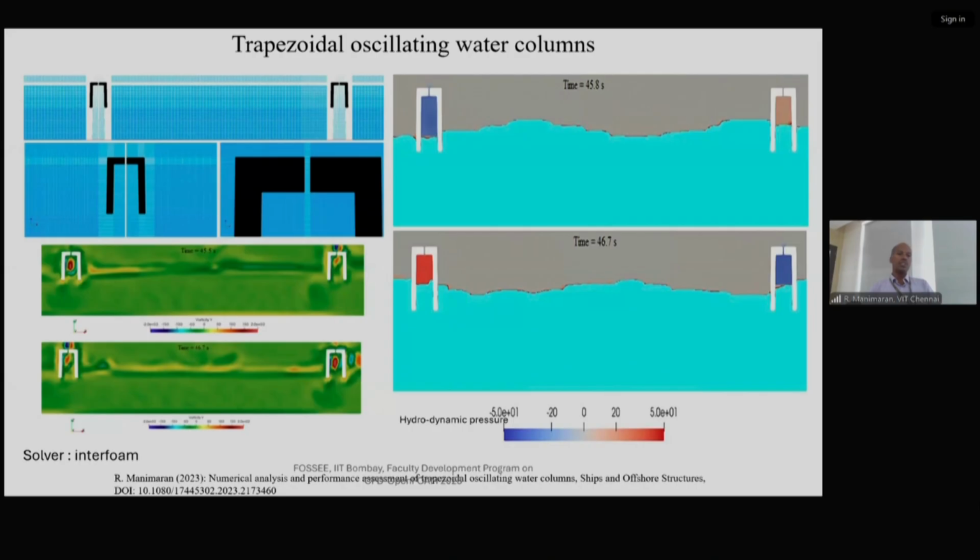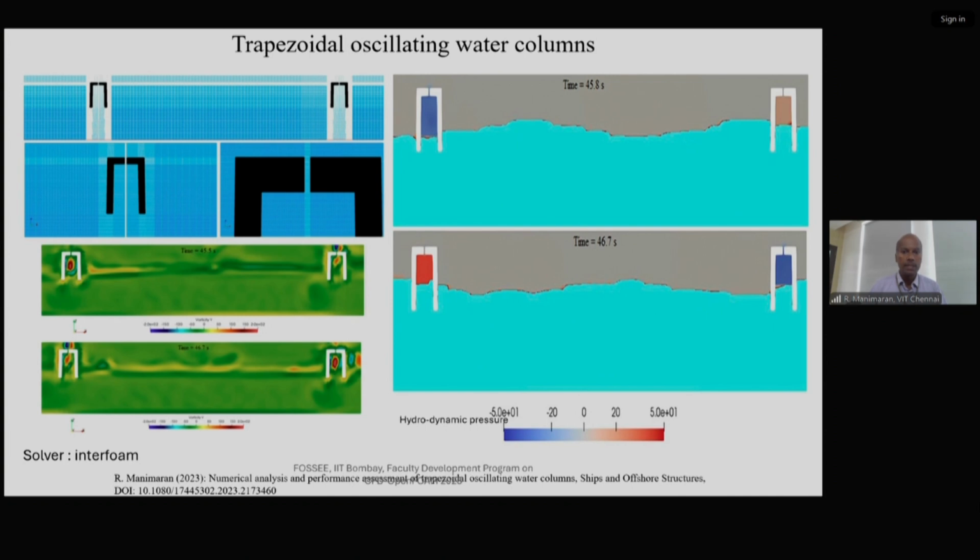The next application is an oscillating water column, where it's like a buoy. You can see that buoy, a floating body in seawater. Usually it is rectangular in shape, but here I made it slightly trapezoidal, a converging effect again, to explore a nozzle on the top of the chamber.